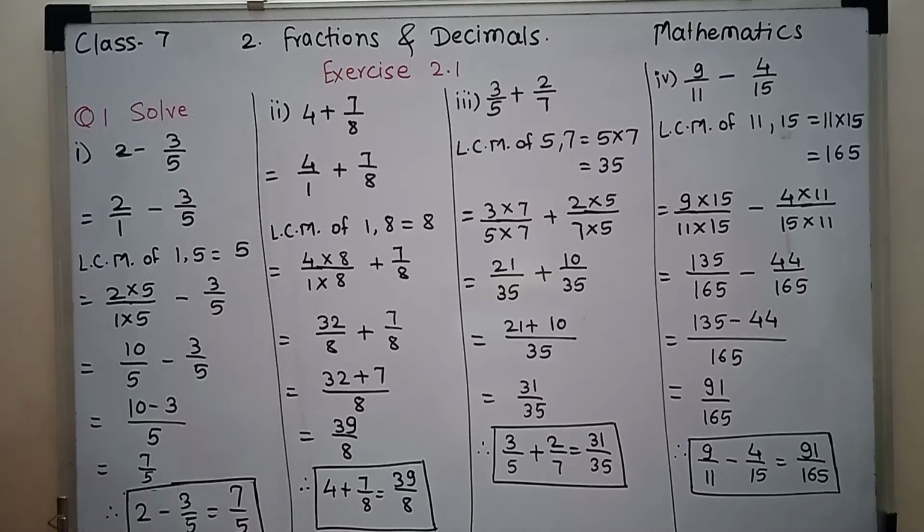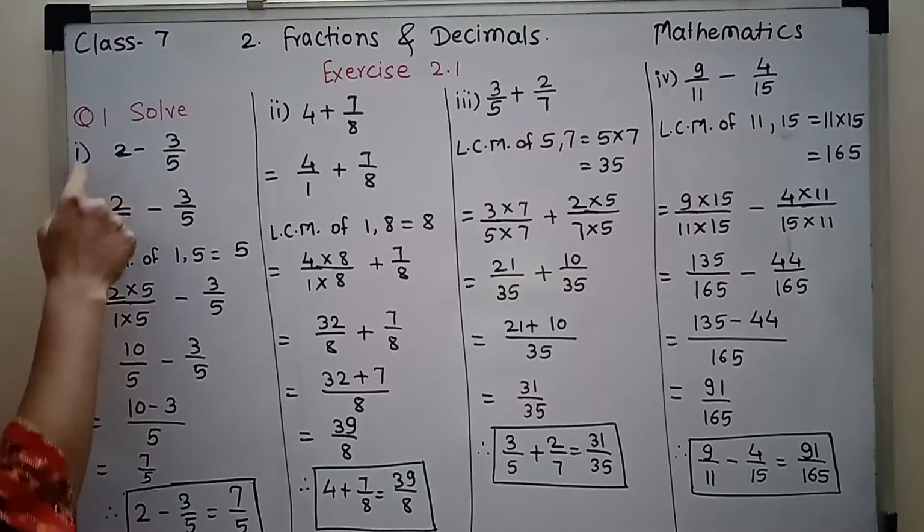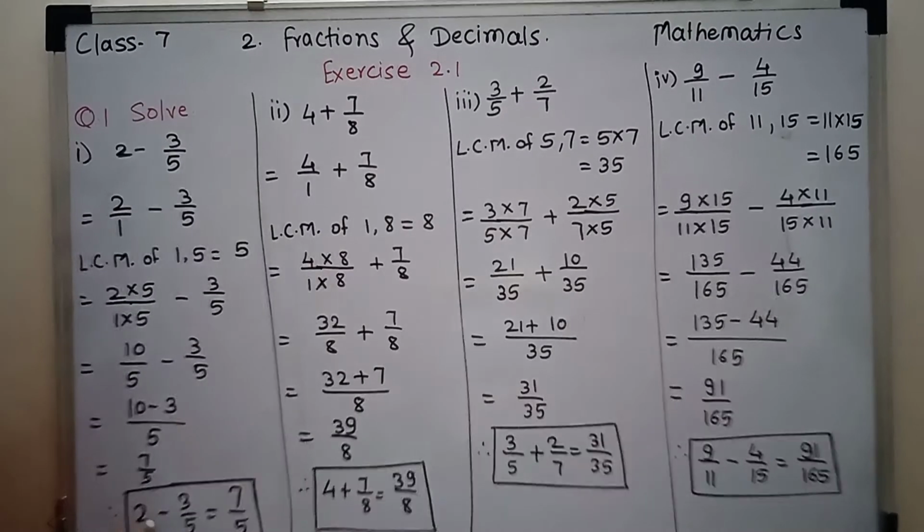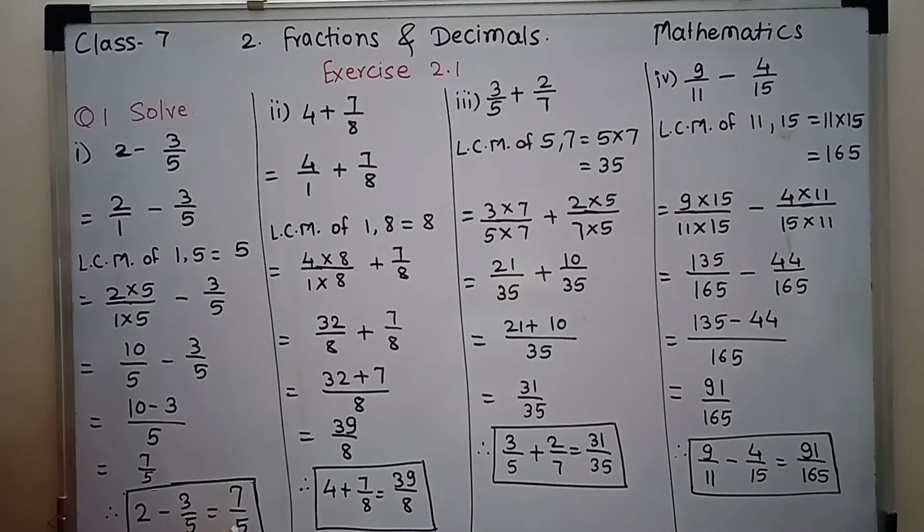And therefore the final answer is 7 upon 5. Whenever we get the final answer, we always highlight it: 2 minus 3 by 5 equals 7 by 5, and highlight your answer.